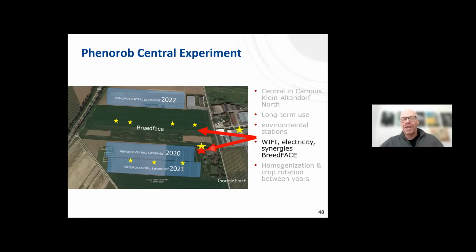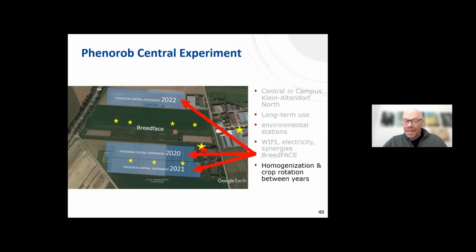We are still talking about high-tech experimental sites, so you have electricity, you have Wi-Fi, and, as I said before, synergies to other experiments, for example the breed phase, which is located in between.